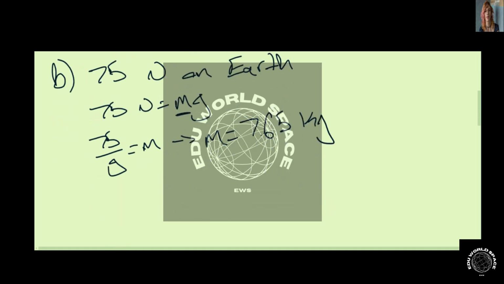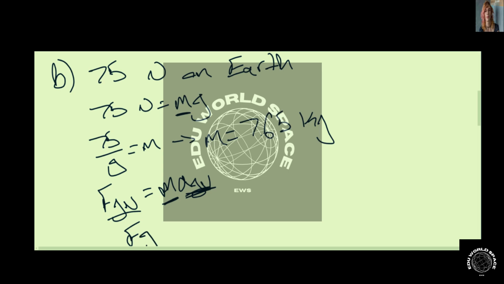7.65 kilograms. So then, if you do Newton's second law for the same object on Venus, we have the force of gravity on Venus is equal to the mass of the object times the acceleration due to gravity on Venus. We don't know what this is, but we just solved for the mass a second ago.